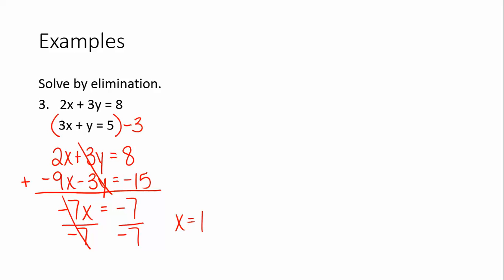And now I want to plug that 1 back into either the first or the second equation so that I can solve for y. It's a little bit easier to use the second equation since there's no coefficient on the y. So we have 3x plus, this is where I'm plugging back in the 1. And I've actually plugged that in the wrong place, sorry.